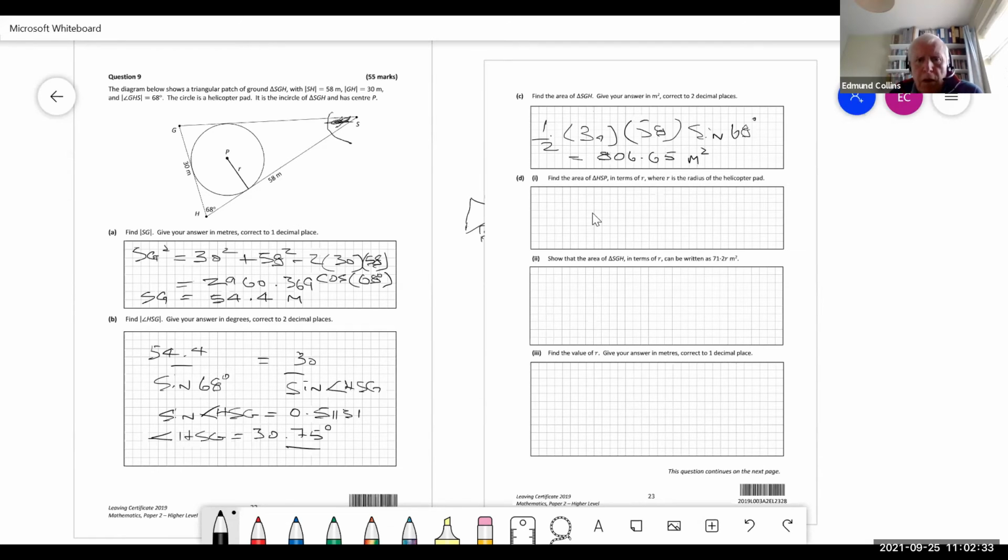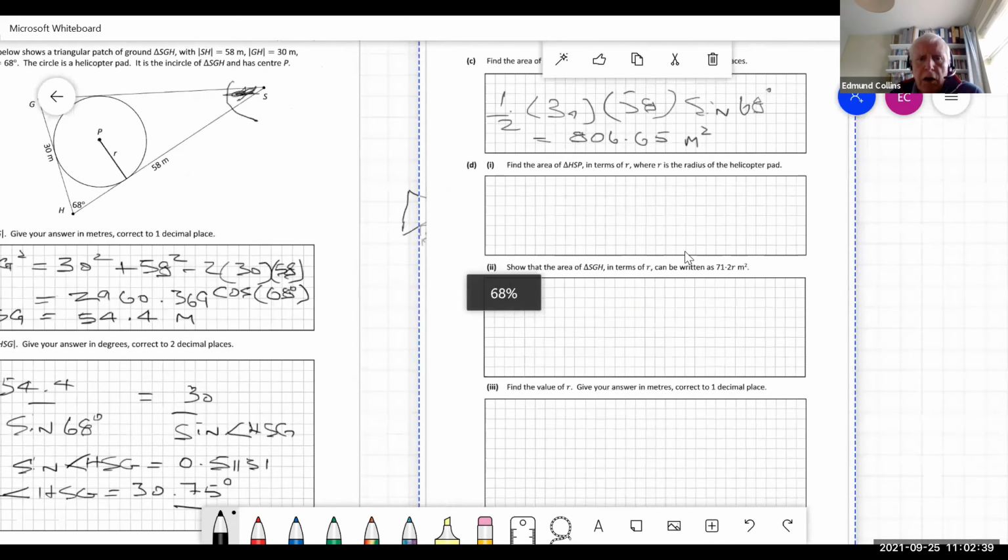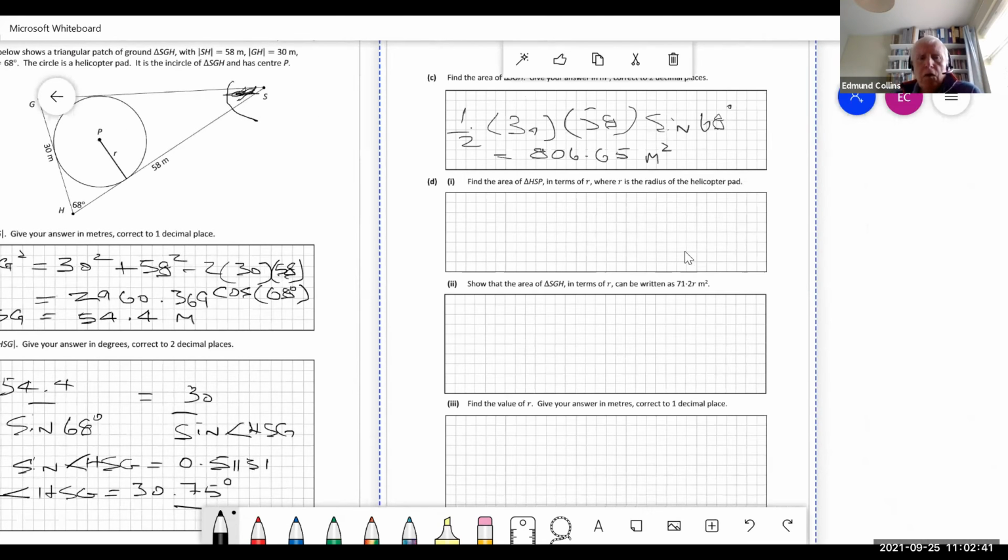The next part of the question talks about finding the area of the triangle HSP in terms of R, where R is the radius of the helicopter pad.